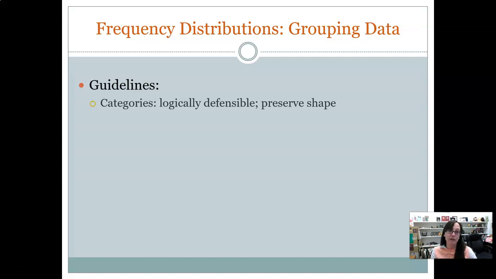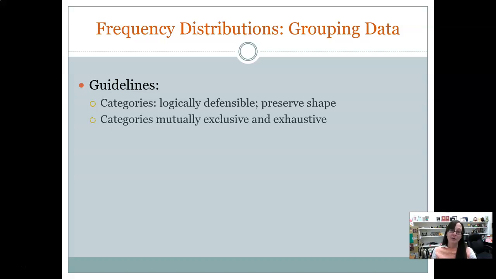If it's a bell curve, a normal distribution, say we're using an age variable, and it's a nice bell curve, and you start grouping things and it makes it look like there are two peaks and a valley in the middle, that's not representative of what it actually looks like. So you want to make sure you preserve the shape even once things are in categories.